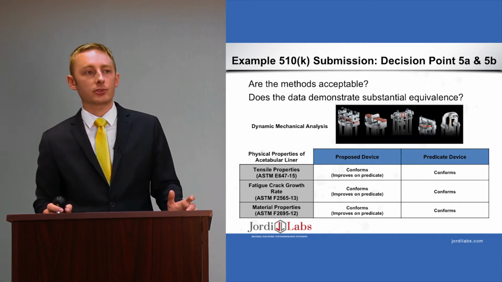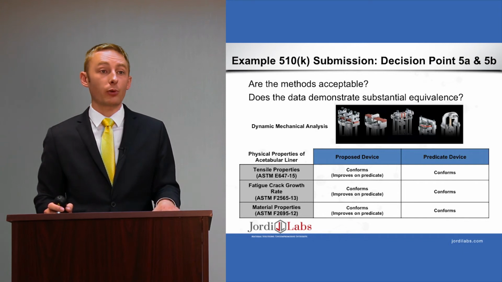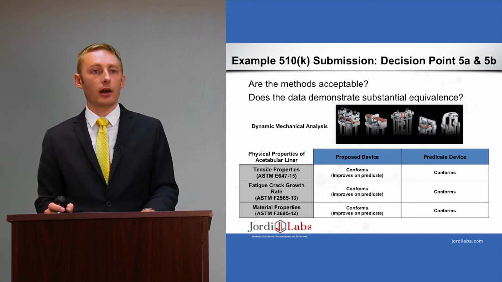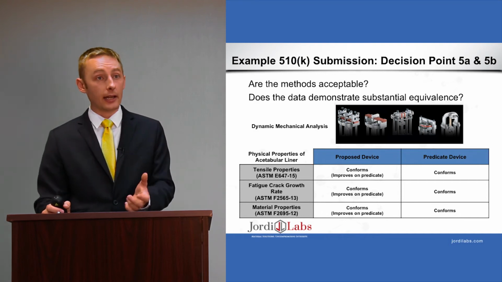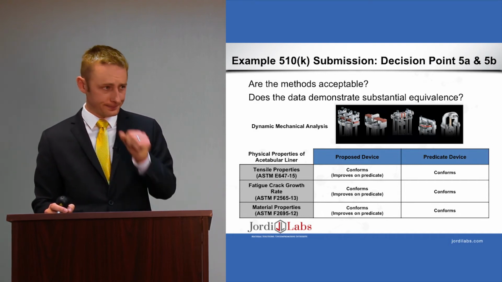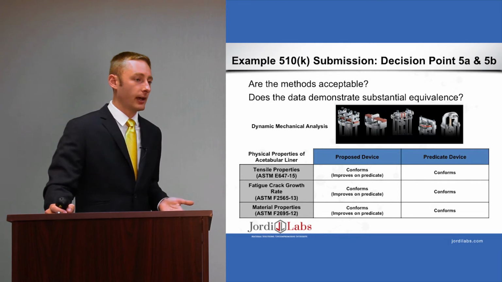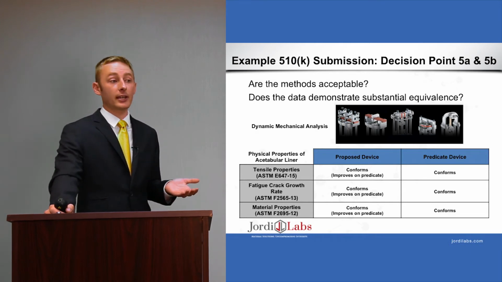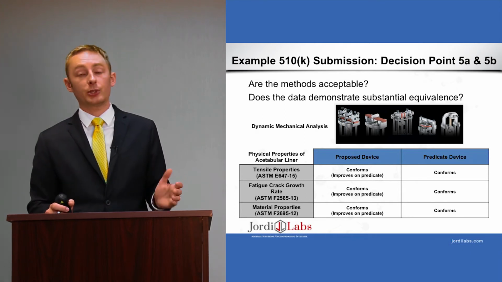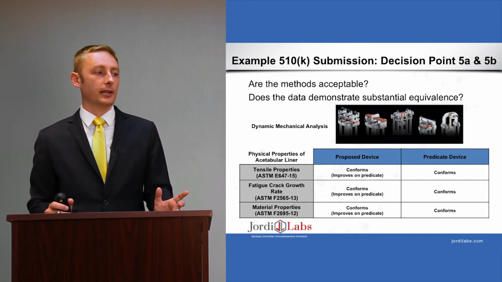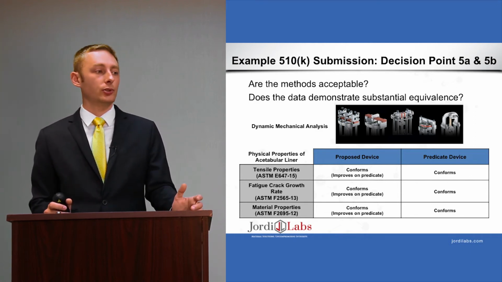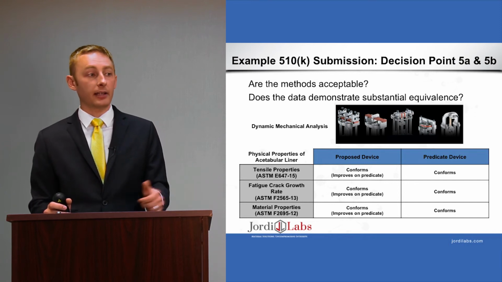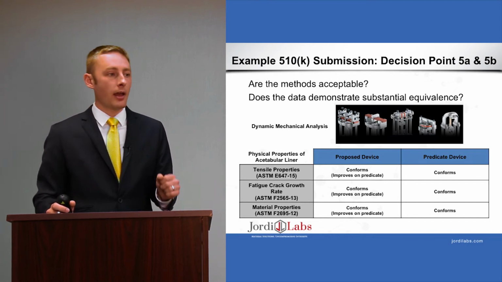So here are a few examples of physical properties testing that we would perform on the ultra-high molecular weight polyethylene and compare directly to the linear polyethylene. For example, we might compare the tensile properties using ASTM E647. In this particular case, we would find that it conforms to the tensile properties that we expect and actually improves on the predicate.